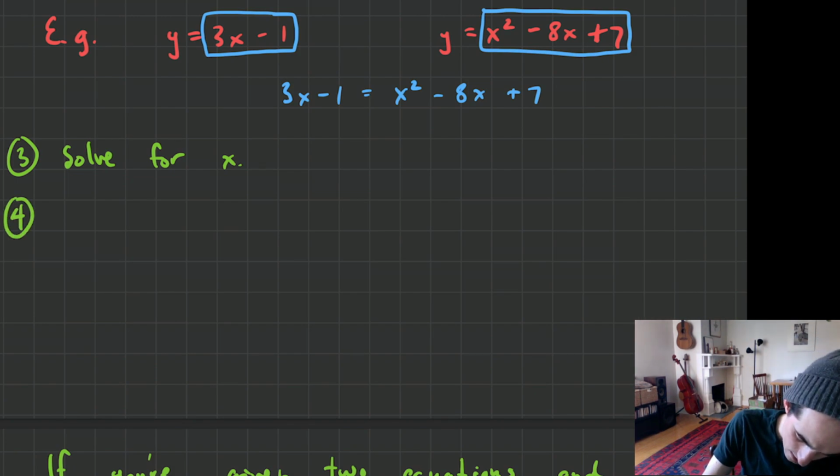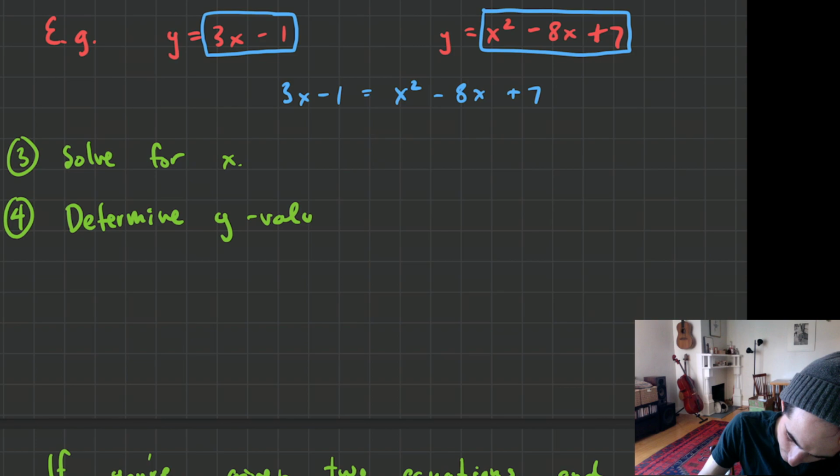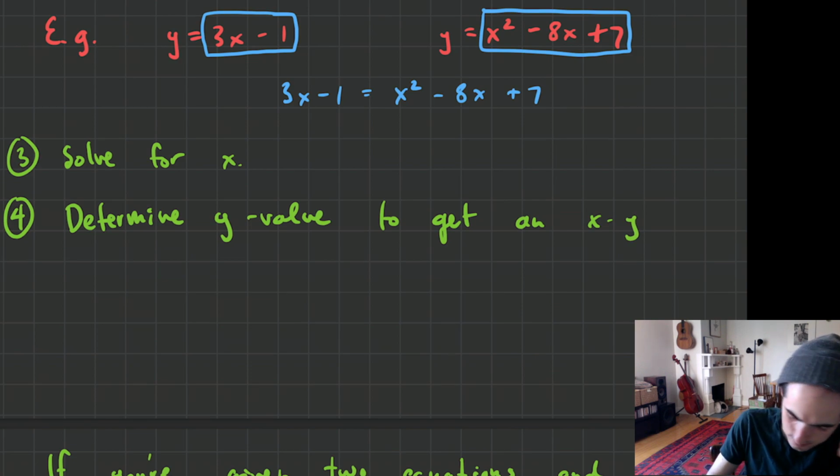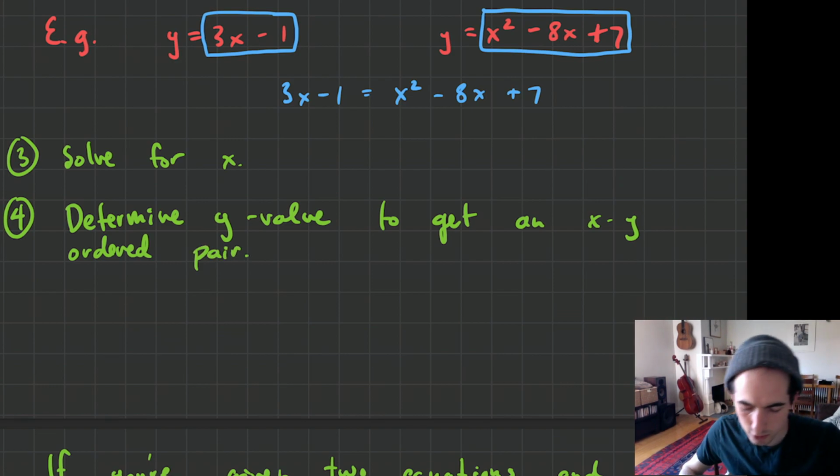So determine your y value to get an x, y ordered pair. Right? Because we're looking for a point of intersection. It's not just the x values, but it's the y value as well.